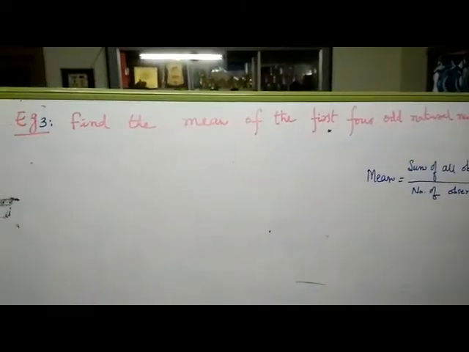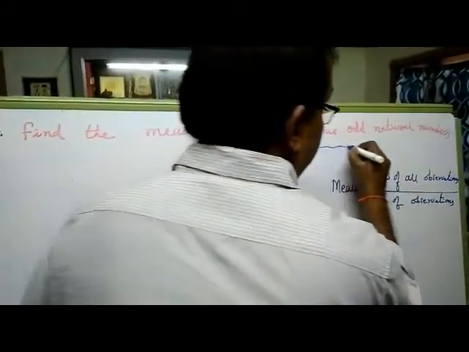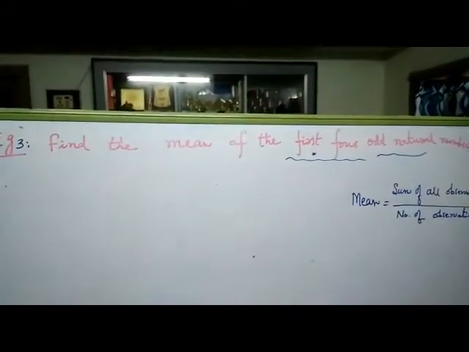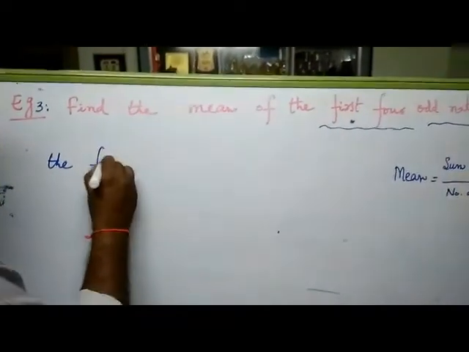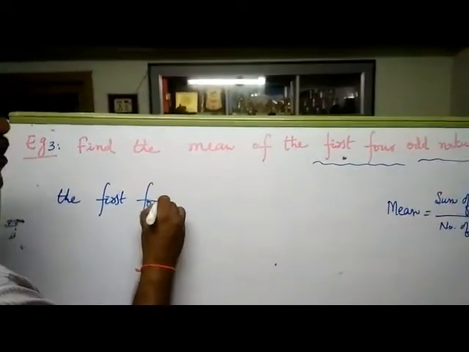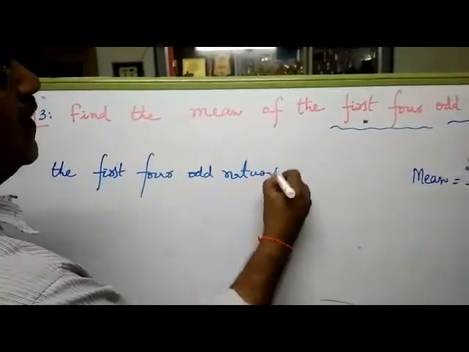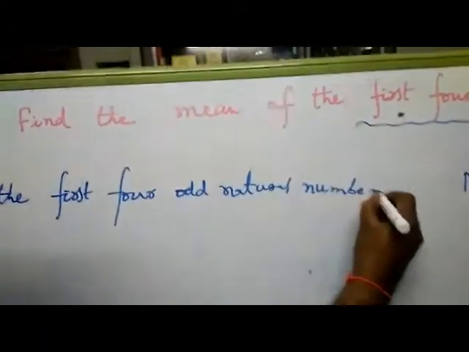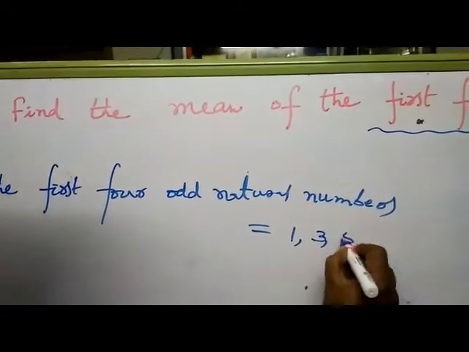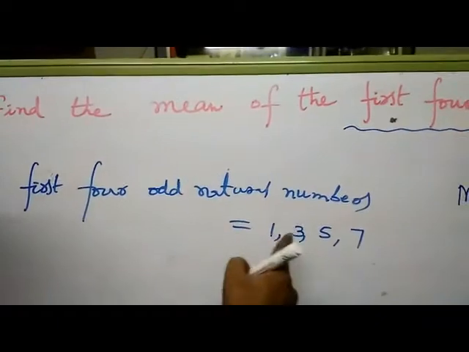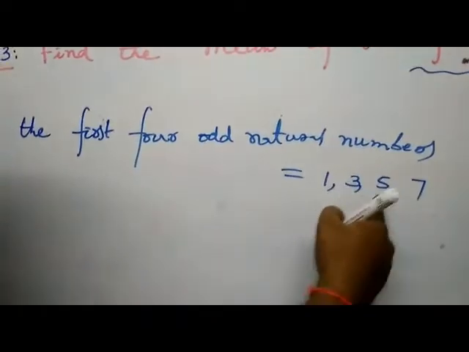The first 4 odd natural numbers are 1, 3, 5, 7. That is nothing but find the mean of 1, 3, 5, 7.